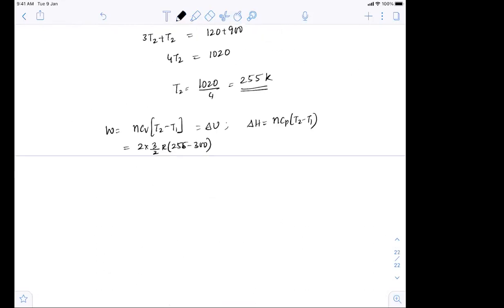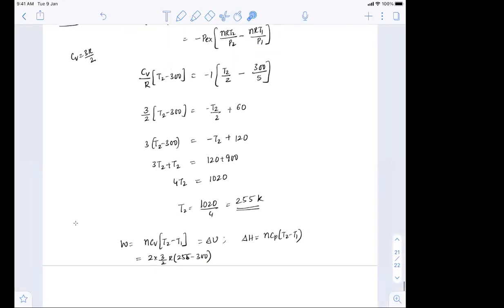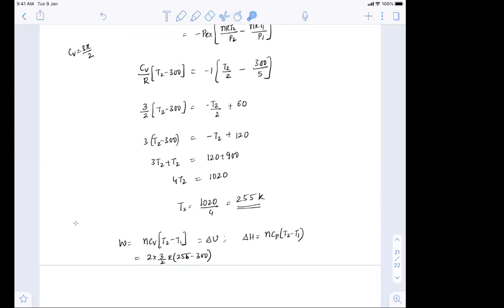Here you can calculate the work done, and accordingly you will calculate delta H. Have you guys understood what to do? Aradhya, is that clear, beta?